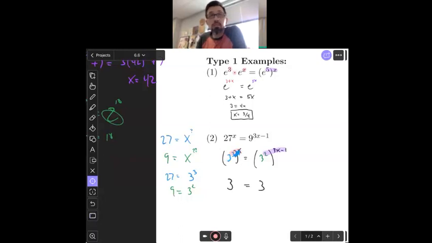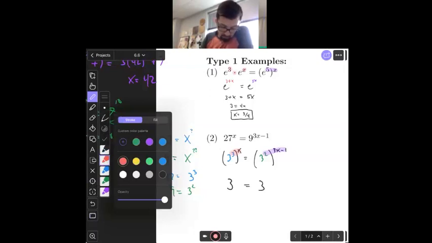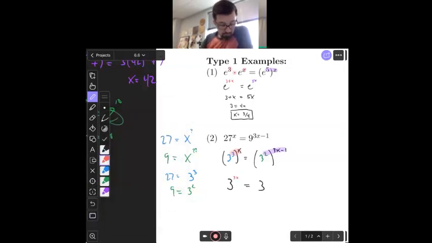Nope, don't cancel. 3 to the third to the x. What happens with the 3 and the x? Okay, multiply. So we get 3 to the 3x. What happens here? 3 squared to the 3x minus 1.